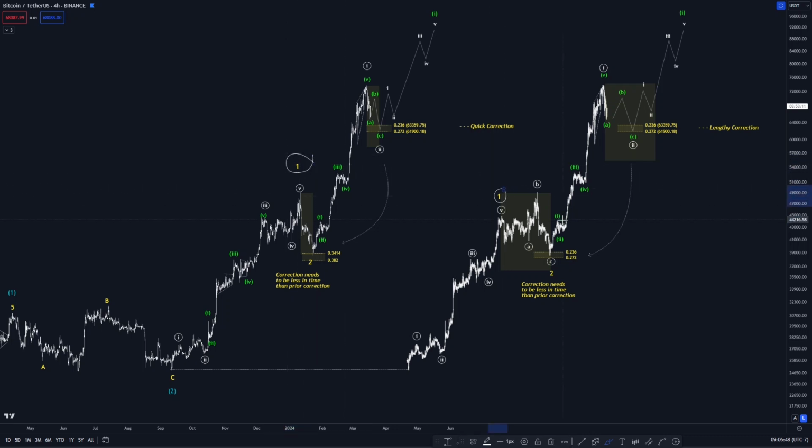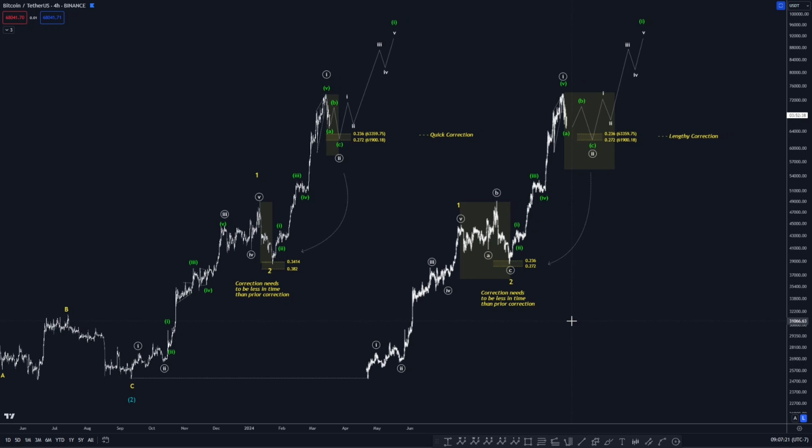And it's all relative to your perspective, meaning you could see the impulse like this and have the termination of the wave 1 right here and have a sharp, quick wave 2. Or you can see the impulse like this, ending right here, and have a long, shallow, flat correction. There's basically two ways you can see this.